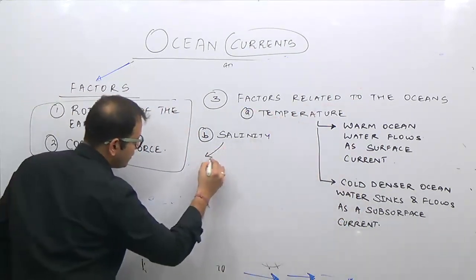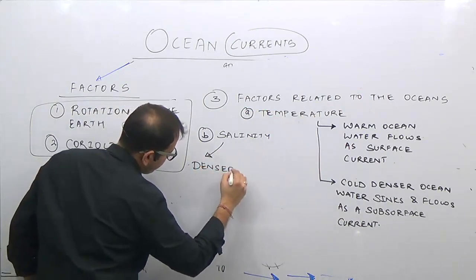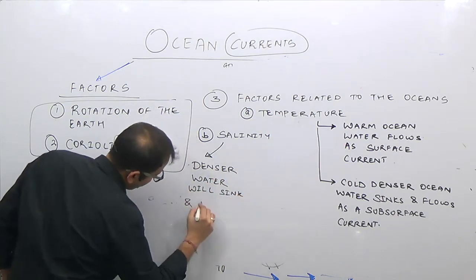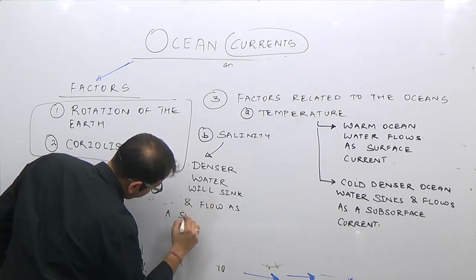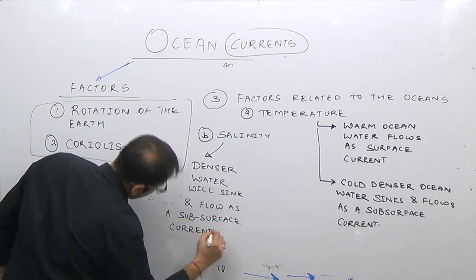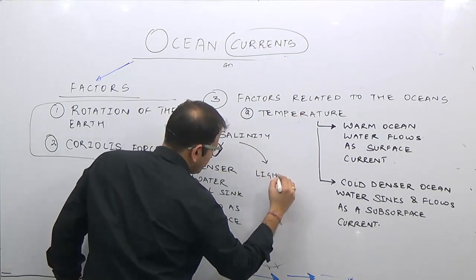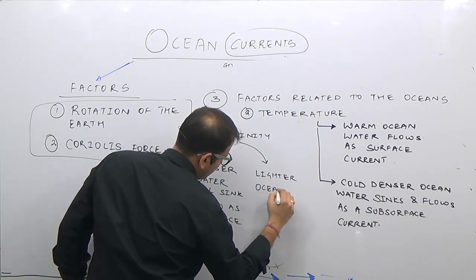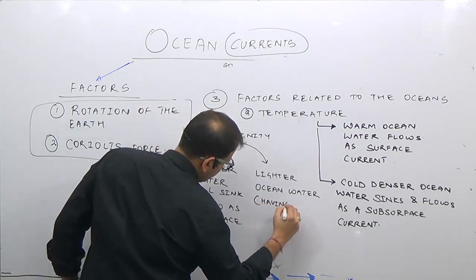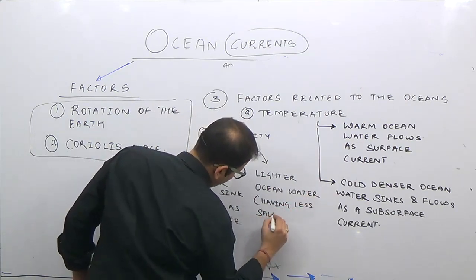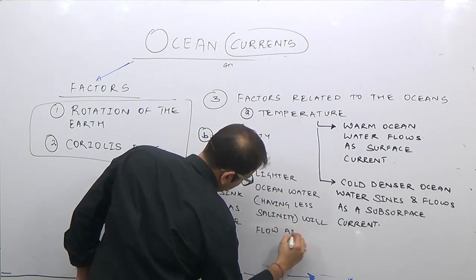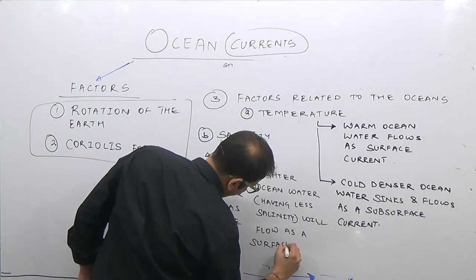Same here, the denser water will sink and flow as a subsurface current, while lighter ocean water, which has less salinity, will flow as a surface current.